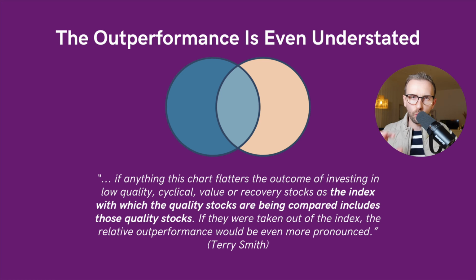And arguably the outperformance of the MSCI World Quality Index is even understated, because obviously the regular MSCI World Index will also hold quality companies according to the definition by MSCI World, which we will get to in a second, in its portfolio. So if you would exclude the quality companies that are still part of the regular MSCI World Index, the outperformance of the MSCI World Quality Index would probably be even more significant.